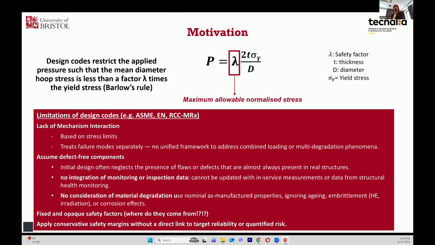And when they include defects, they take you to an FAD assessment, which requires some expertise, some understanding, fracture mechanics expertise, and also residual stresses are not typically included in design codes. So probably we can do better.